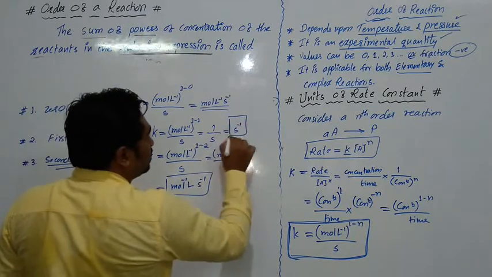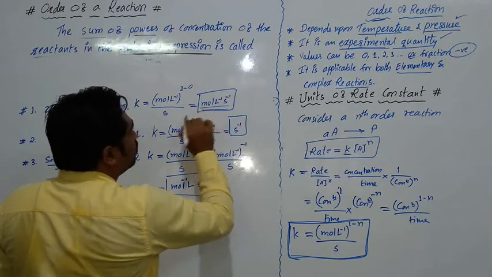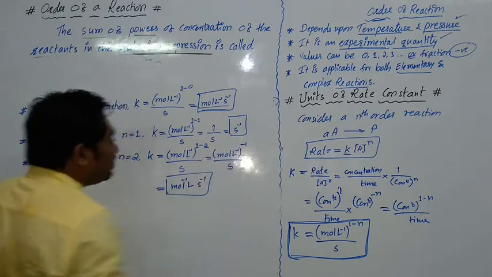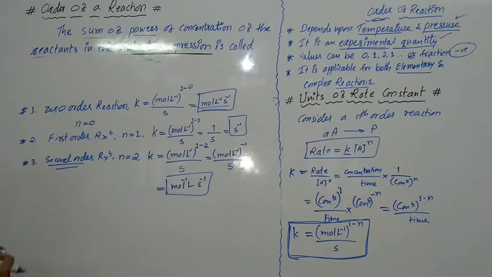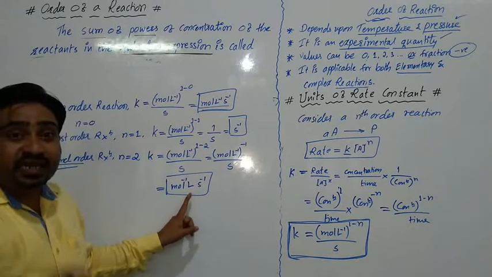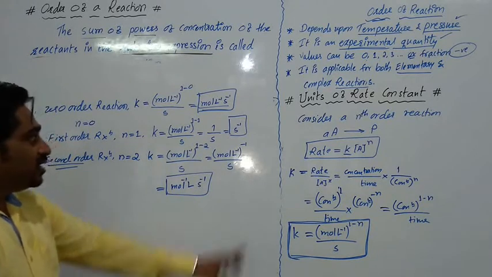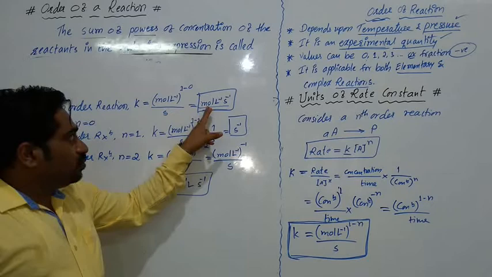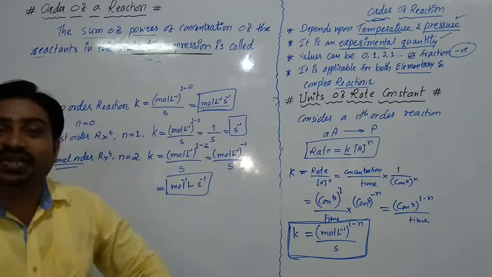For first order it is per second. For zero order it is mole per liter per second. So please remember these three values because they are very important. Just by seeing the unit we can directly guess the order of reaction. If the unit is mole per liter per second, definitely it is a zero order reaction.